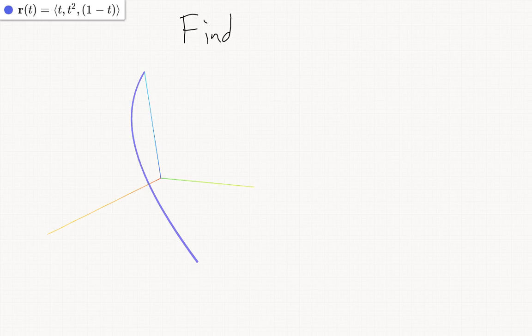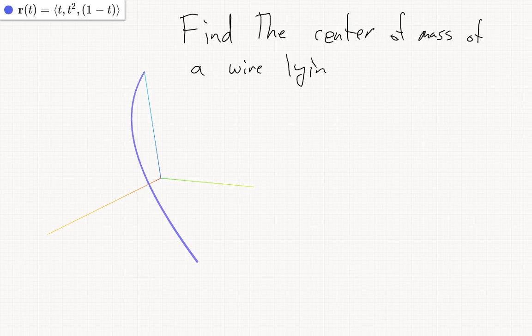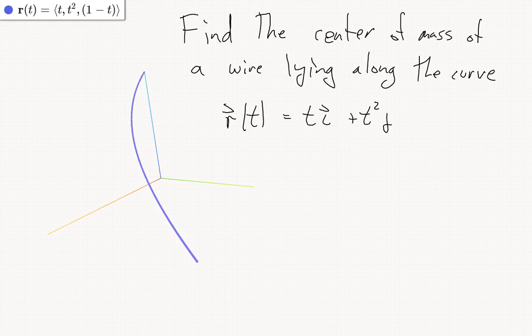So for example, we'll find the center of mass of a wire which is lying along the curve r of t is t i plus t squared j plus (1 minus t) k for t between 0 and 1.